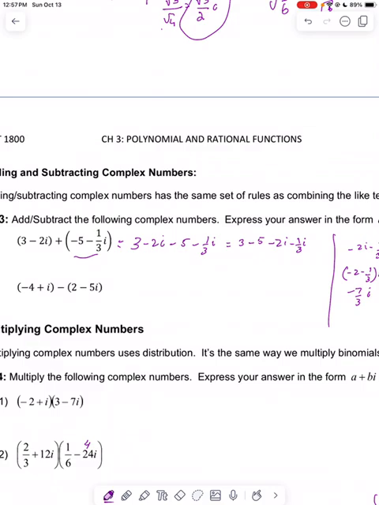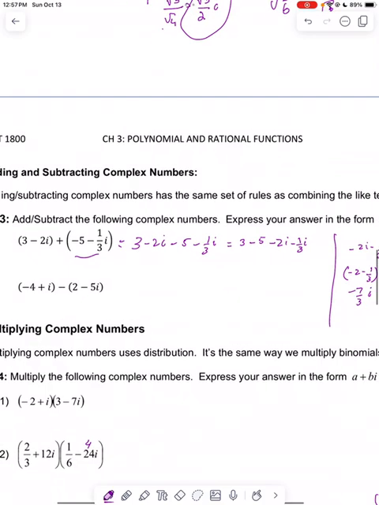I put the terms without the i, or the real parts, together, 3 and negative 5. Then I took the other two, which are the imaginary parts, negative 2i and minus 3i, and I put them over here.